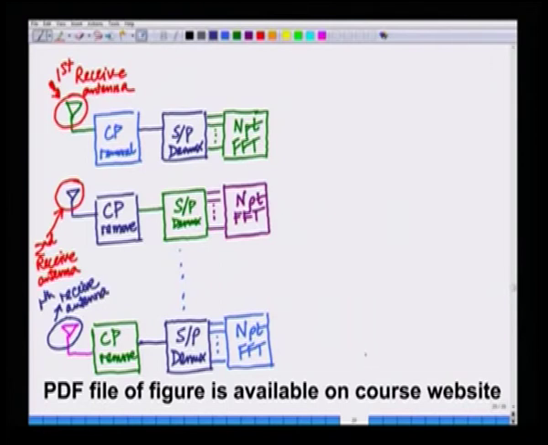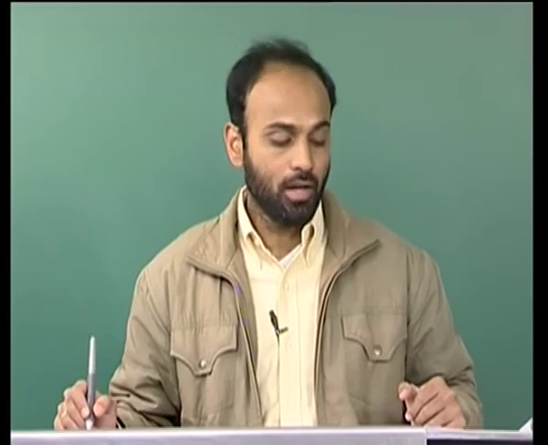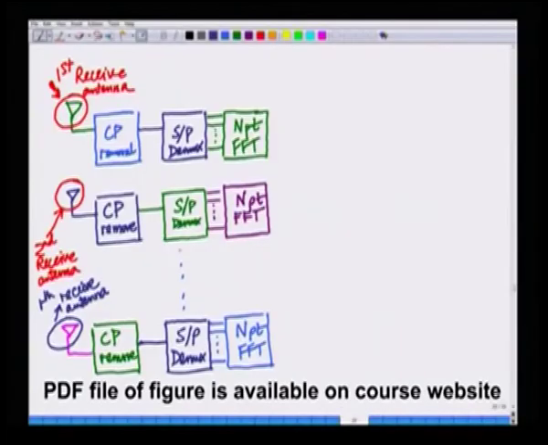Now, remember, as we said, we have to perform MIMO detection, which means across each subcarrier we have to perform MIMO detection, and that has to be done for all the N subcarriers. Hence, what I do is, for the first subcarrier, alright, I take the output from the first receive antenna. Similarly, I take the output across the first subcarrier from the second receive antenna.